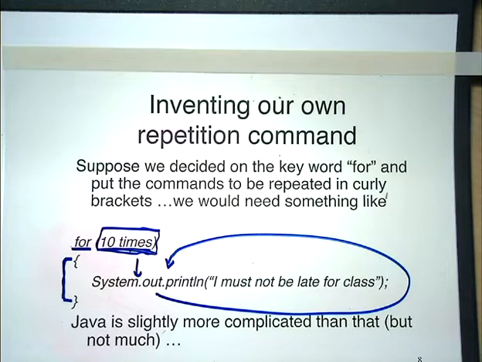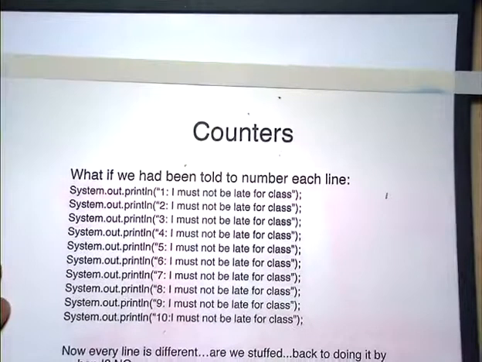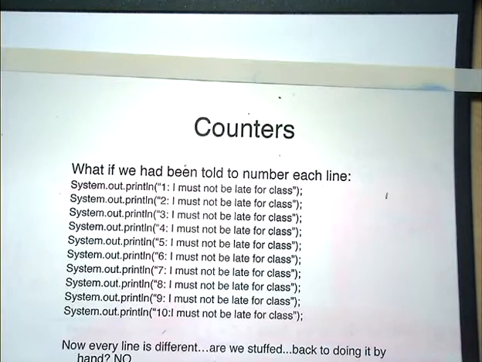So why do we need something a bit better than that, slightly different to that? Let's suppose I'm clever to the fact that you might write a program to do this. So what I decide is I'm going to make you write something different every time. I'm going to make you put a number in the line, so they're not the same thing every time. So you can't just say do this 10 times because it's different every time.